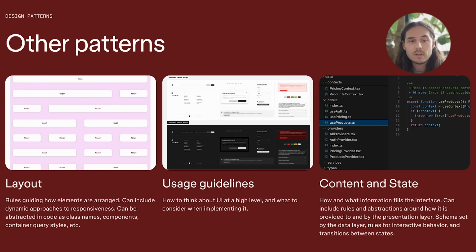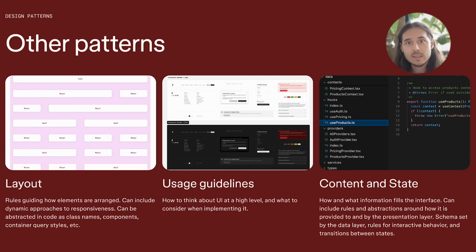But you also have a lot of other ones that sit inside of your code base and are implied in Figma. So you also have abstractions around layout. How do you think about grid systems, responsiveness? Are you using Flexbox? Are you using absolute position? A lot of teams have named abstractions there. We also have how do you think about usage guidelines and how do you describe your libraries and what sorts of naming conventions are shared across components?